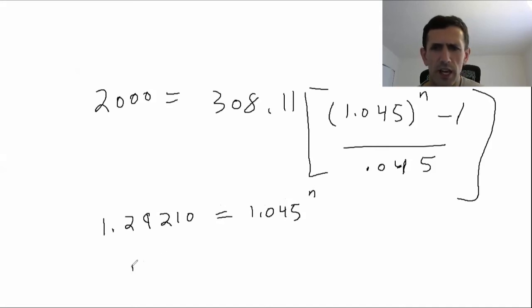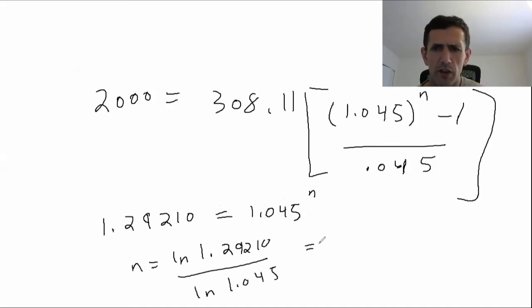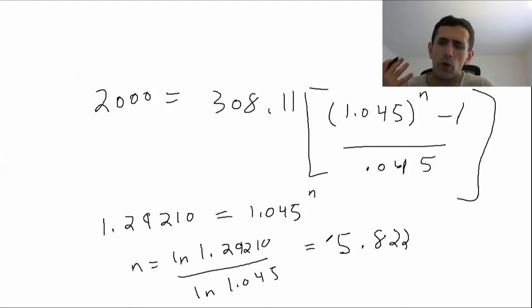Take natural logs, you get n is ln of 1.29210 over ln of 1.045, and that is going to be 5.822. Okay, so again, what we're going to do is round down to the nearest integer, not round up, round down. So we're going to look at 5 payment periods.